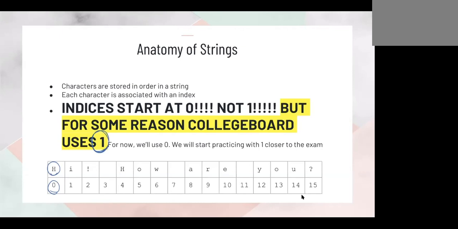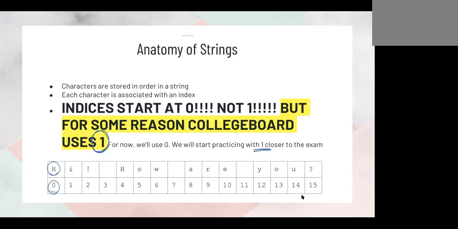So for now, we'll start with 0, but when we start practicing for the AP test, you're going to make the transition for it to start at 1. So for 2020, the rest of this year, it starts at 0. Later on, 2021, we're going to start practicing where it starts with 1. It just makes me mad when I think about this.